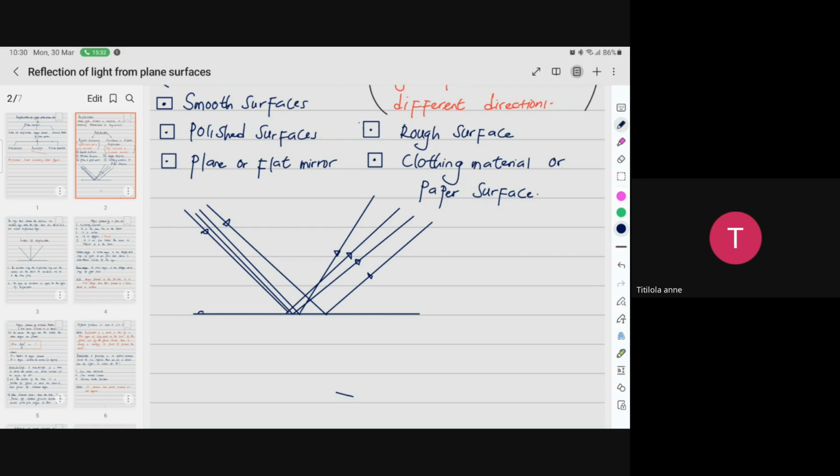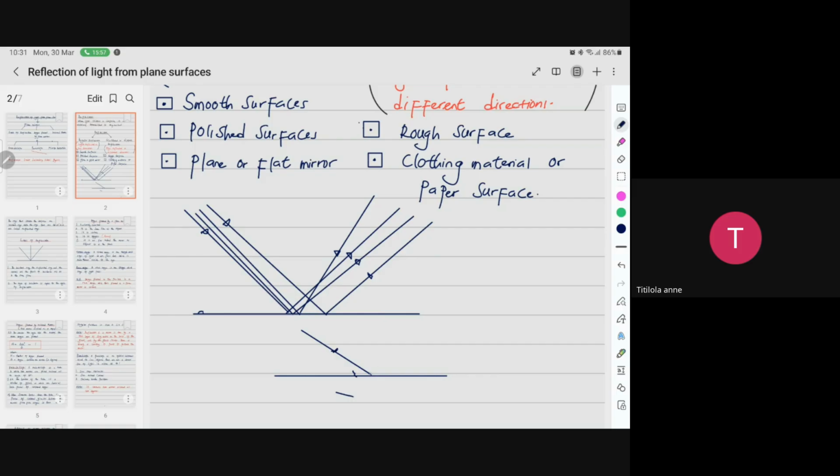And I don't even know how to draw that scale. If you can just draw anything you can remember for the scattered, remember that when it comes this way, I have a light ray. Let's say when it hits here, what happens? We're not expecting everything to be going in the same direction. It can hit here, incidents can be here. Are we together now? Then the reflected cannot go the other way around. I can have something like this. Let's say we have an incident ray coming this way.